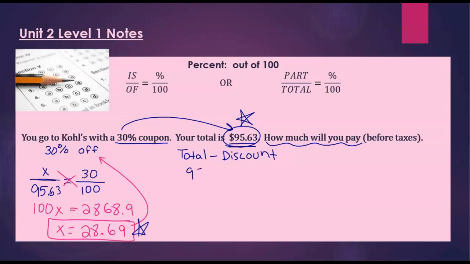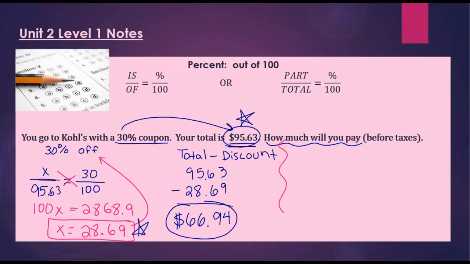So I'm going to take $95.63, subtract the $28.69, and I'm going to get $66.94. That's going to be my total for my discount, but not with my taxes added on.